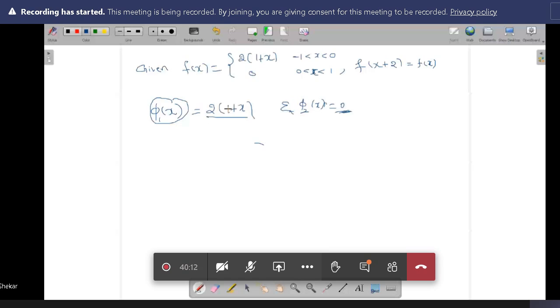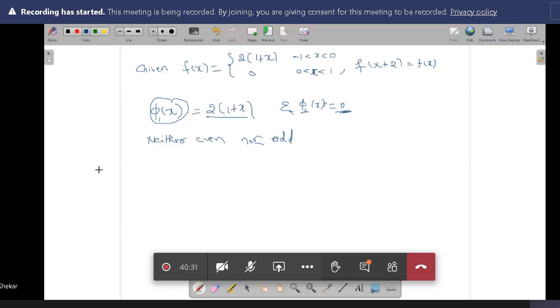Whatever you replace, negative x or anything, you won't get back to 0. So that is the reason I can easily say this function is neither even nor odd.